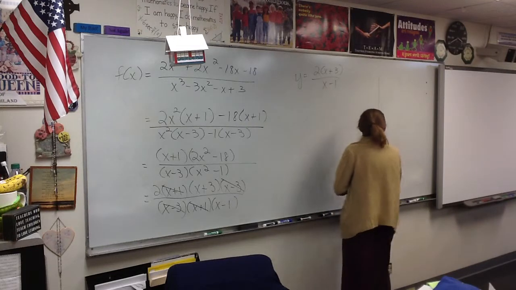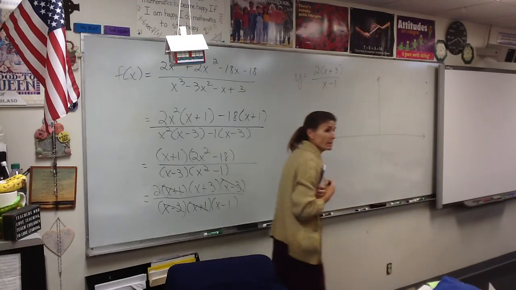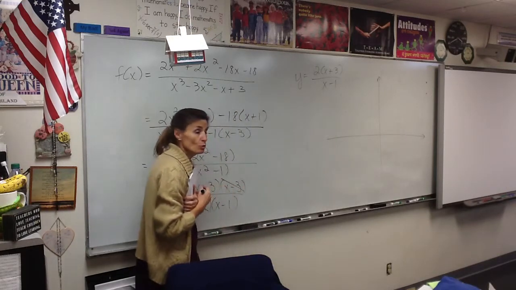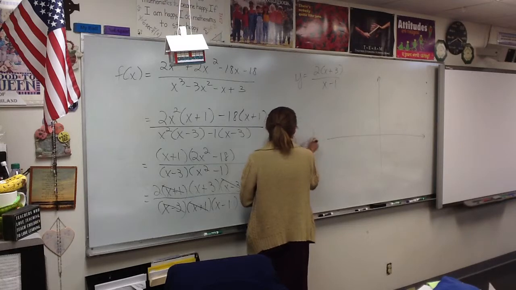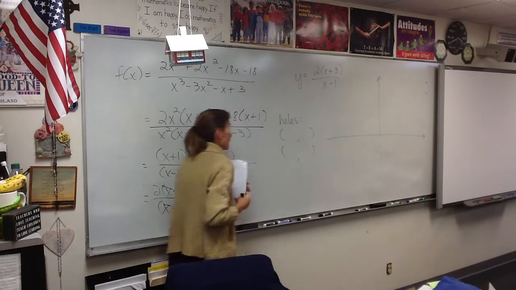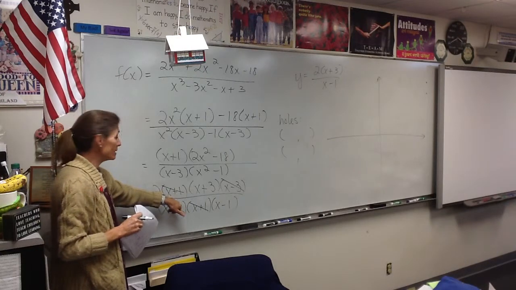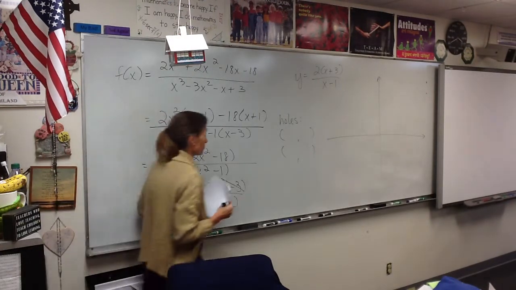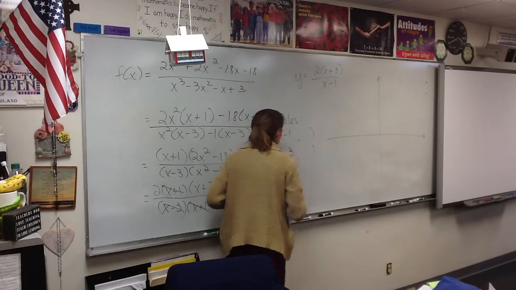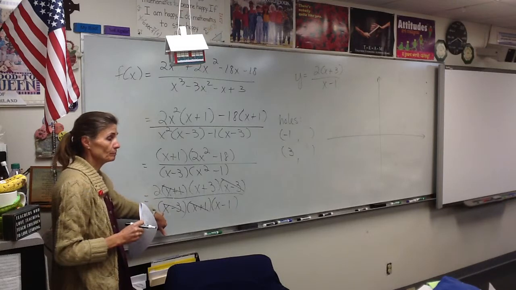And the fact that you canceled out two things means we're going to have two holes. And the x-coordinates of the holes will be -1 and +3. Those are the factors we canceled out.